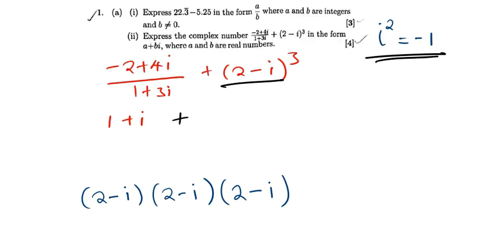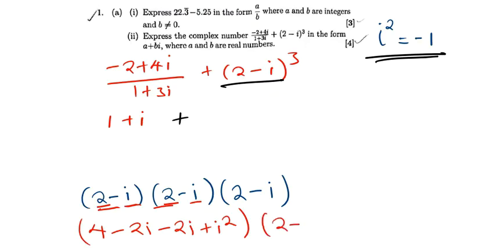So let's try to take the first 2 brackets. 2 times 2 is 4. That 2 again multiplied by the negative i will be minus 2i. Negative i by positive 2 is going to be minus 2i as well. And then negative i by negative i will be positive i squared. So that's for the first brackets, right? Multiplied by the remaining brackets, 2 minus i.